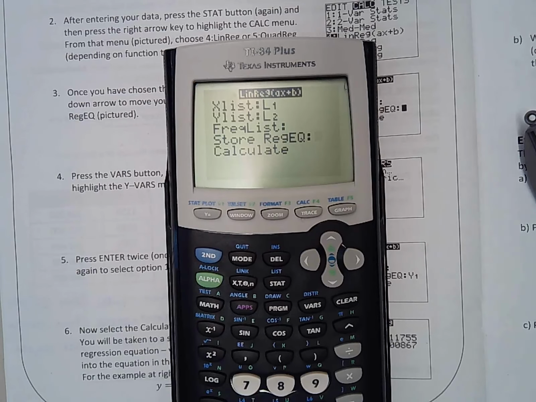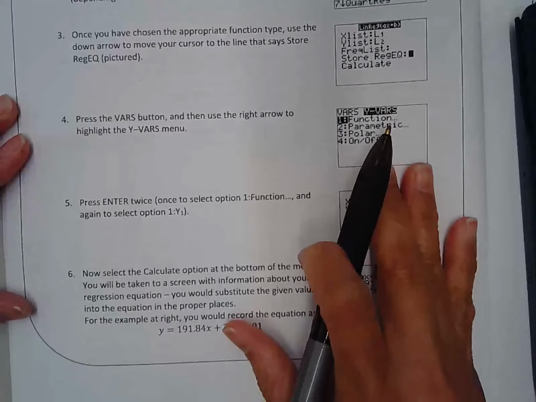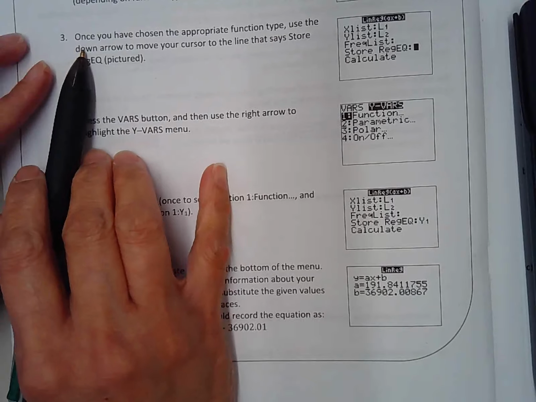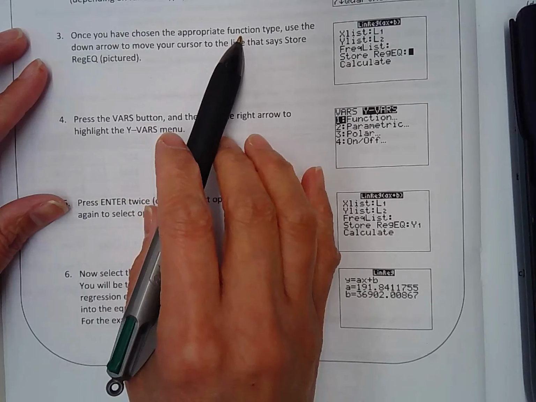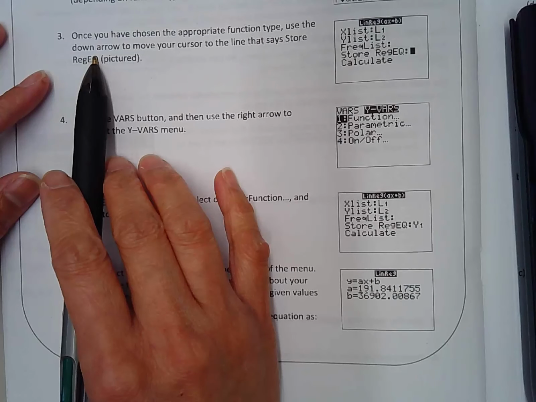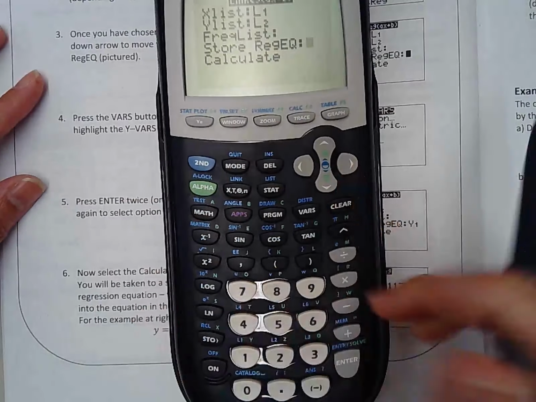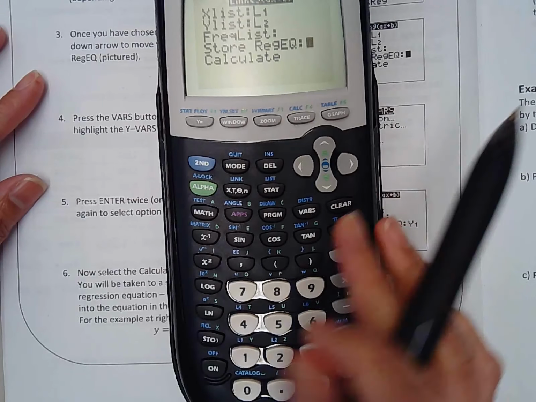That's it. So you're going to tell it where. So here, we're on number 3. Once you have chosen the appropriate function type, which we did, go down with the arrow to where it says store regression equation.